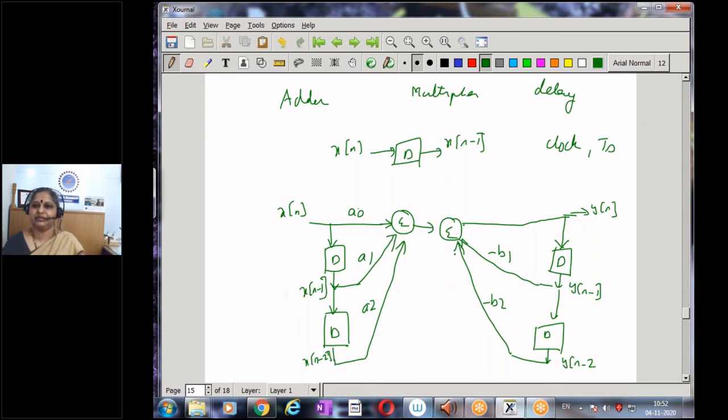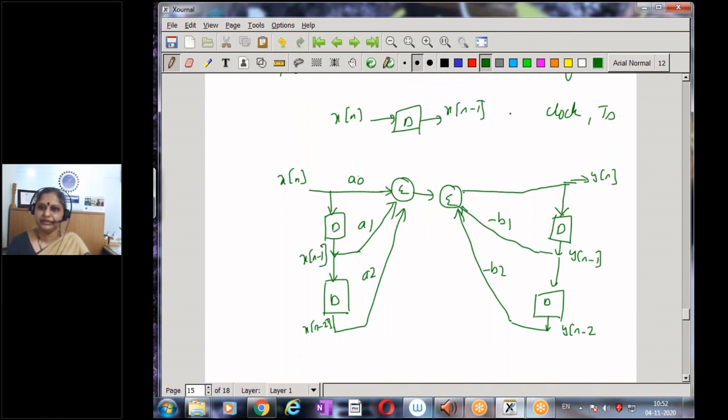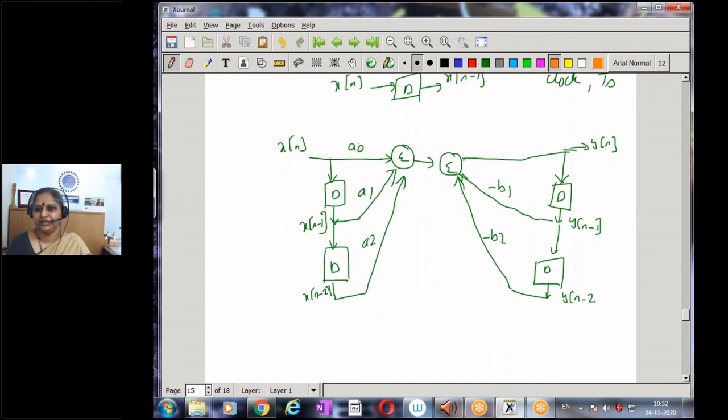I add these 5 terms, and the output of the adder is my output y[n]. This particular form of realization is known as the direct form 1 realization, because it uses 4 delay elements to implement a second order system.